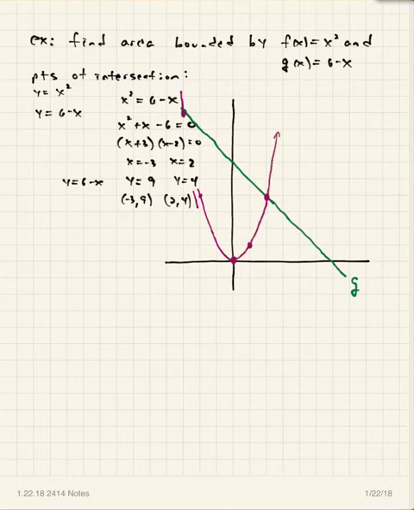And so like this. Right? And so the region we're talking about finding the area of is this region in here that I'm going to shade. Right? That's the area that's bounded between these two curves.